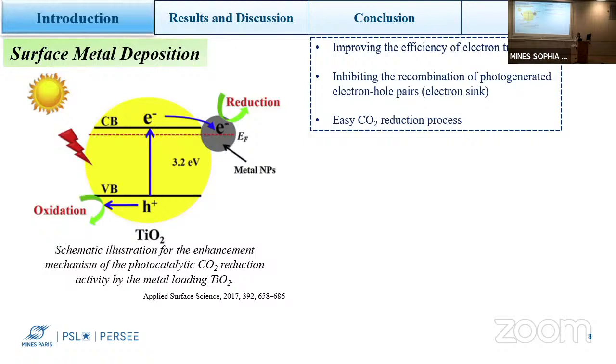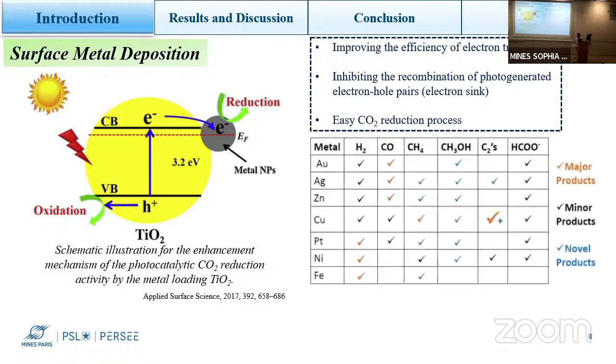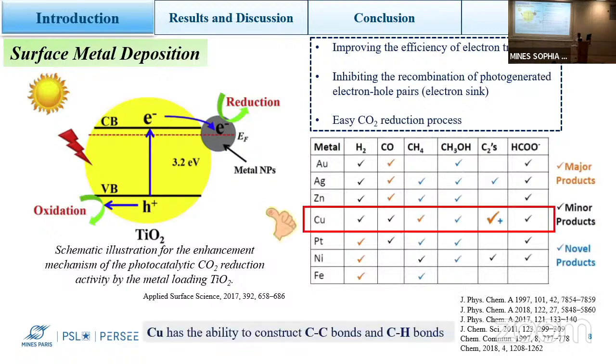It acts as a co-catalyst. Many metals have been tested in the literature for CO2 reduction efficiency. Copper is really popular because it can form copper-carbon and copper-hydrogen bonds, so it has the potential to produce more value-added products.